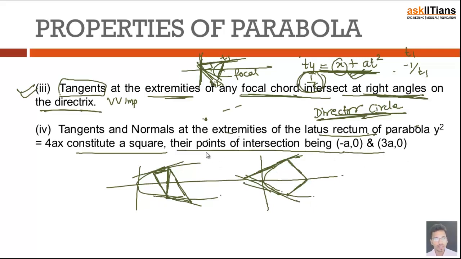You can verify that, and once you draw the latus rectum, you know the endpoints (a, 2a) and (a, -2a). From this you can draw the tangents and normals, find the intersection points, and see whether you are getting a square or not. Okay, so that's it for the properties of the parabola.